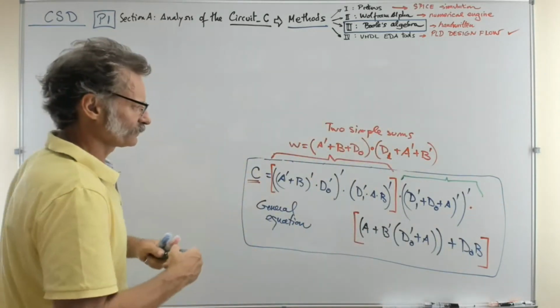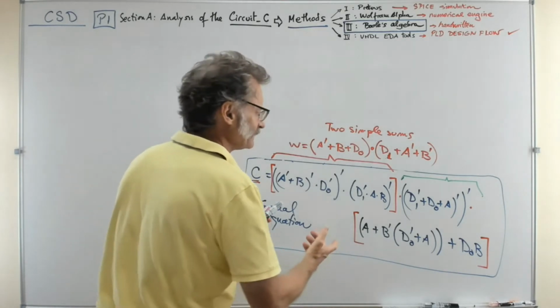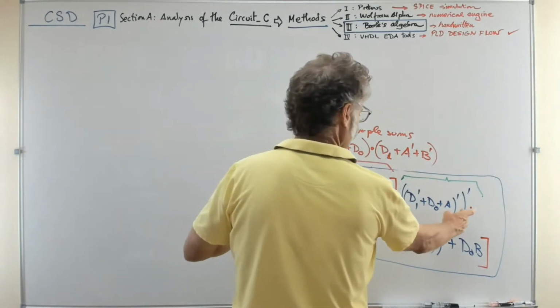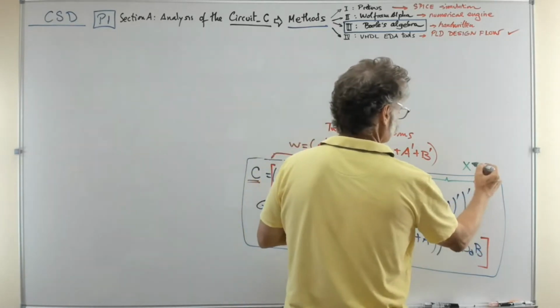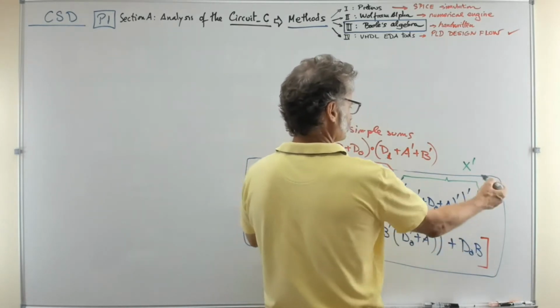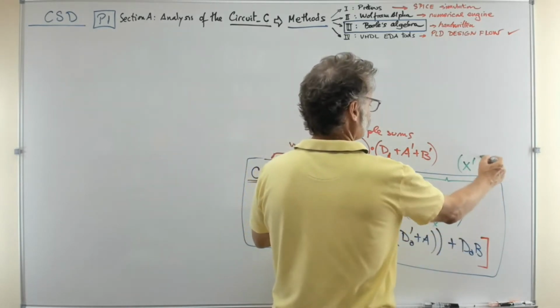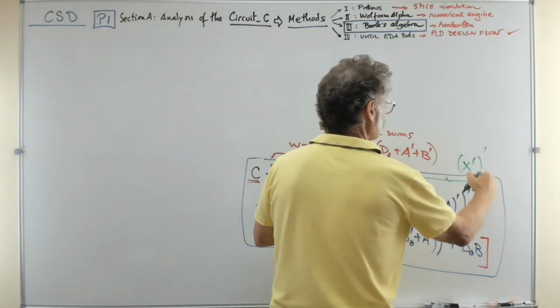So this factor here may be easily arranged because it is basically not. You see, x not, you can imagine that everything here is x. So this is x not and then another not. So this one is easily simplified, okay?